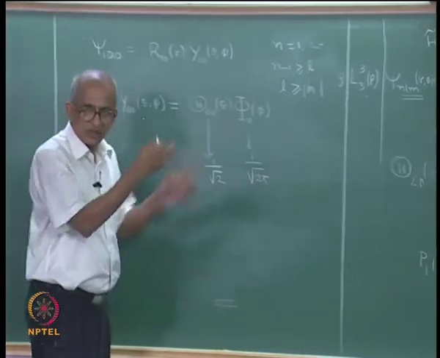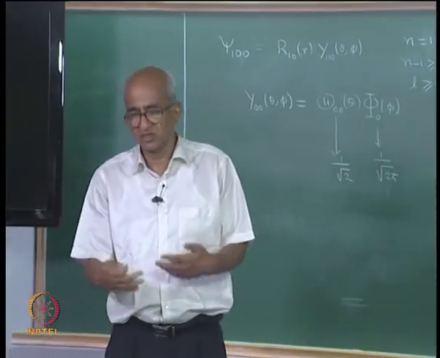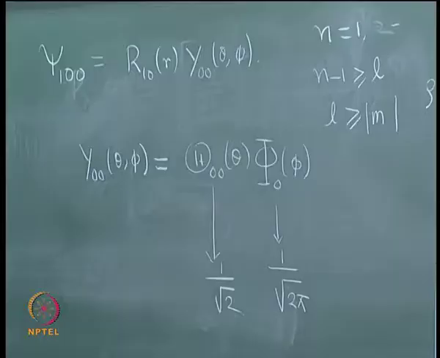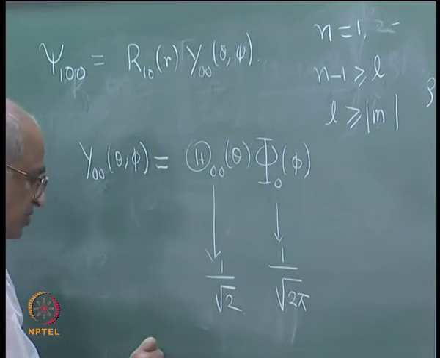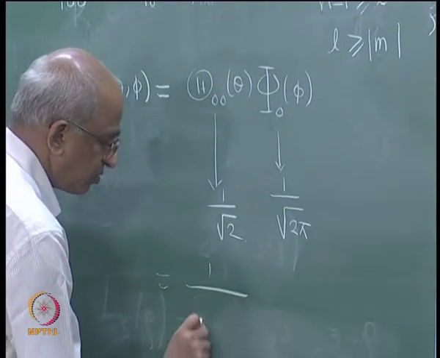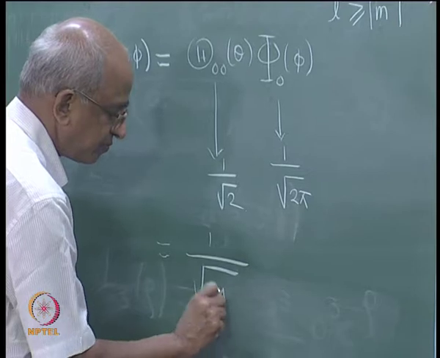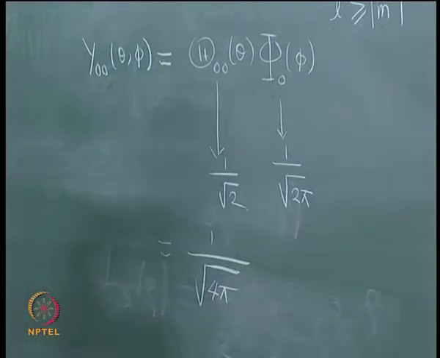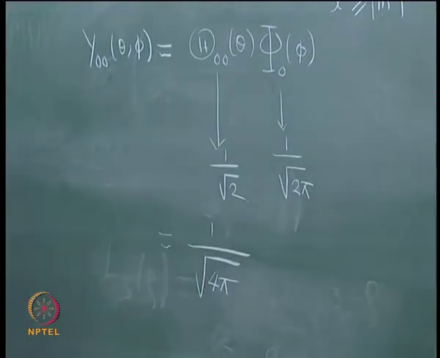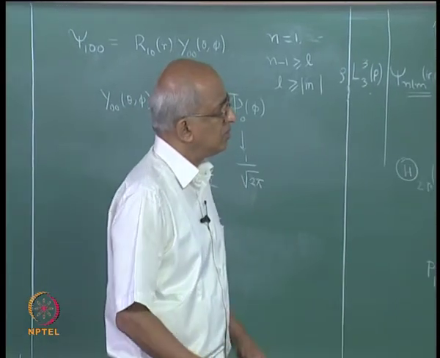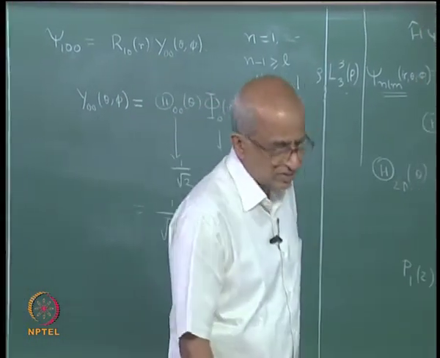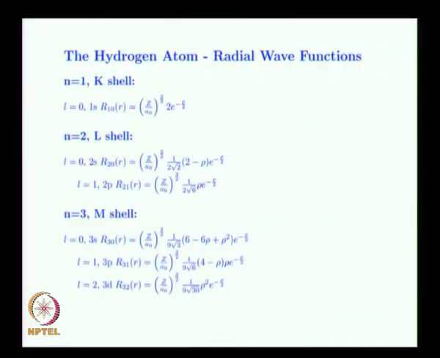It is not in my tables, but if you calculate it, you will find that it is 1 by root 2, and therefore, Y 00 actually happens to be 1 by square root of 4 pi. And R10 itself is written here. I told you how to evaluate this, so I will not go into its evaluation.